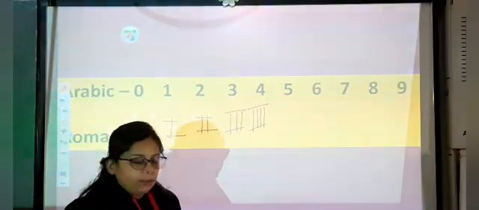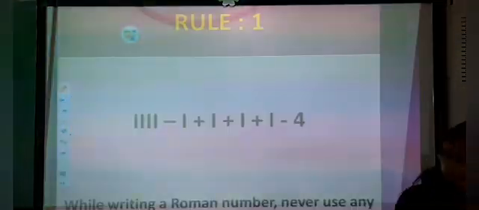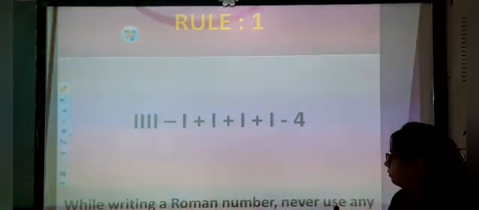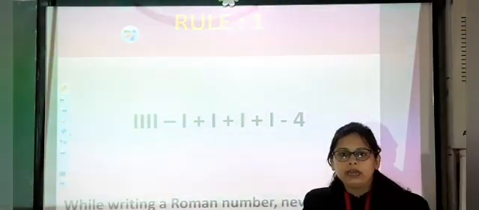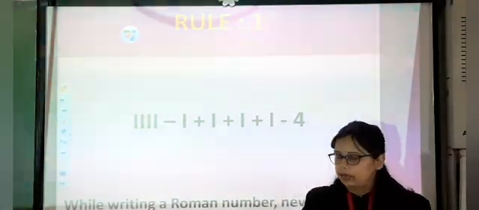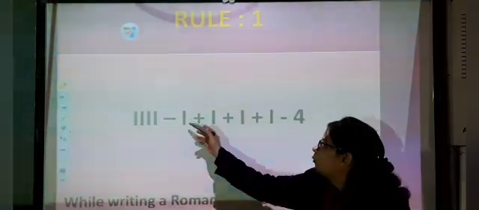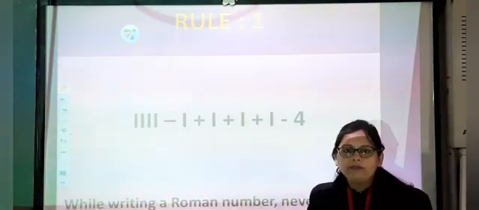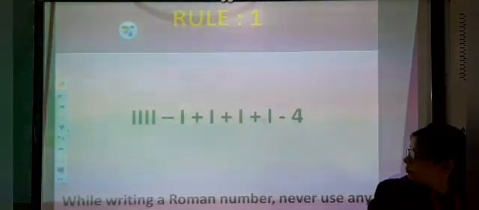This is wrong, because there is a rule for writing Roman numerals: while writing Roman numbers, never use any symbol more than 3 times. It means we cannot repeat any symbol more than 3 times. As you can see, writing I four times for 4 is wrong. So how can we write it? Well, let's see.